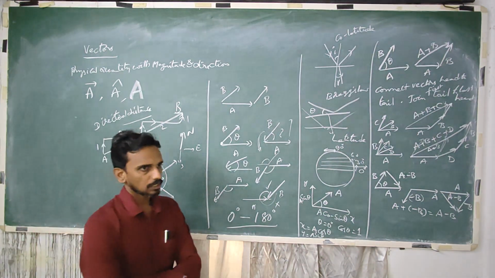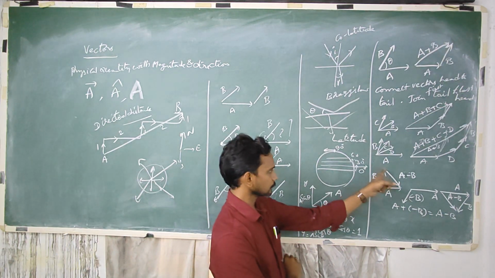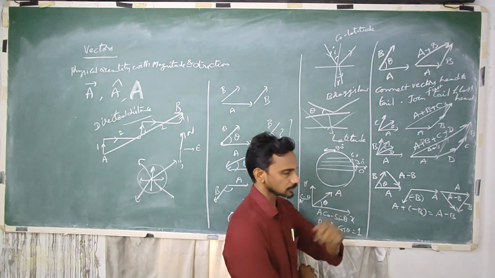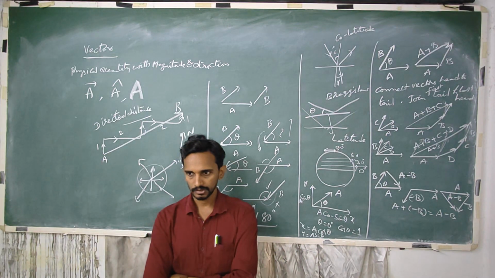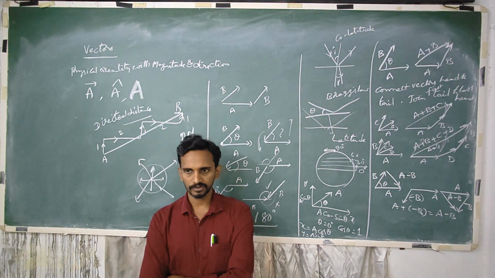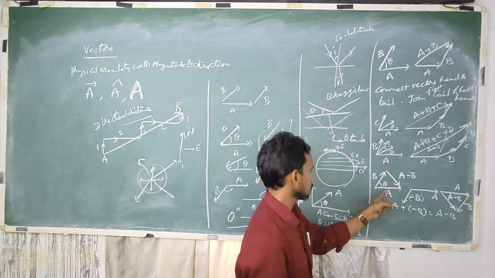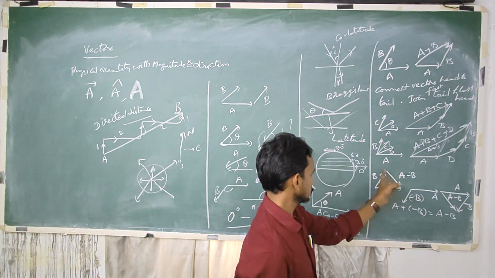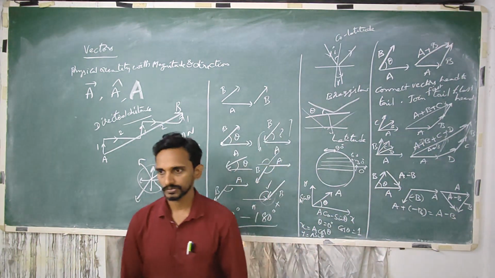Then your result should be starting from negative vector to positive vector. You have to draw a line starting from negative vector to positive vector. So when you are calculating a minus b, you have to start from b and end at a.